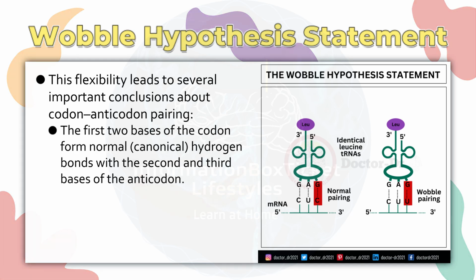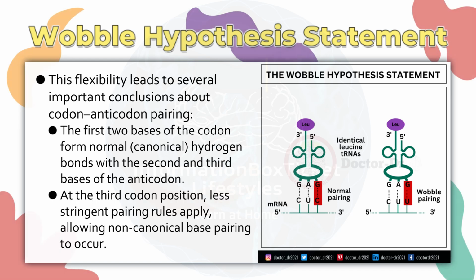The first two bases of the codon form normal, canonical, hydrogen bonds with the second and third bases of the anticodon. At the third codon position, less stringent pairing rules apply, allowing non-canonical base pairing to occur.